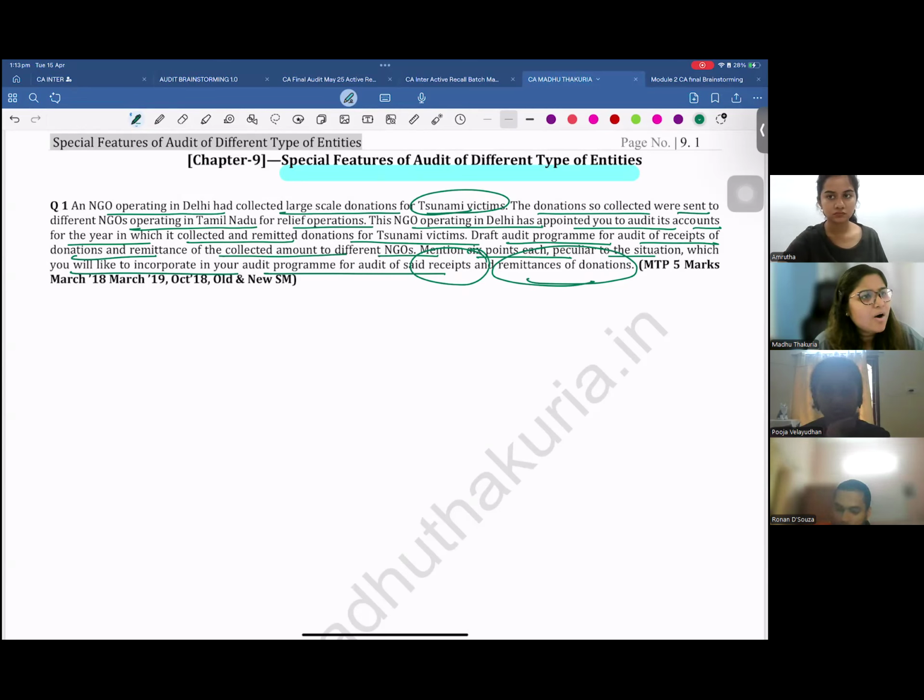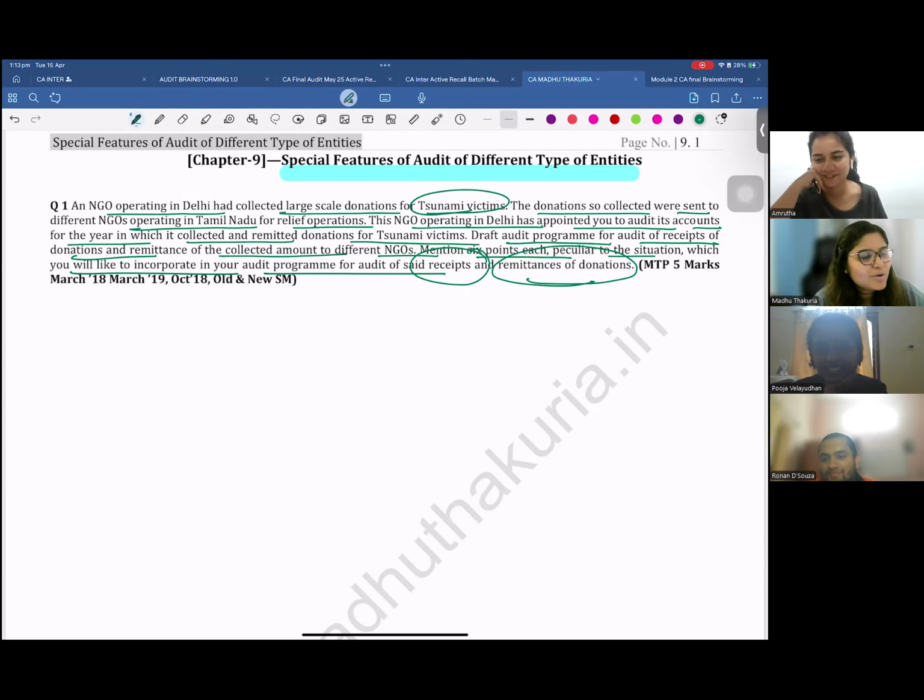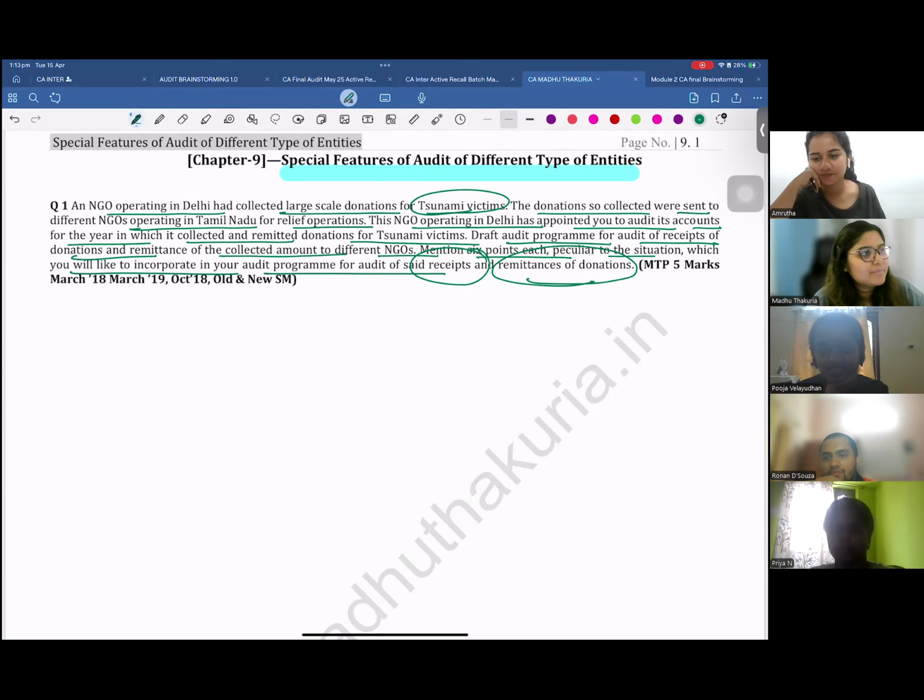Now, can you tell me how old were you when there was actually the tsunami in the early 2000s? Were you guys even born? No? None of you? Amrita, you were 4 at that point of time? Because I was also in school at that point of time. Probably I would be in 6th, 7th, or 8th, maybe 8th or 9th. I don't remember exactly. Anyway, where are you from, guys? Amrita, where are you from?